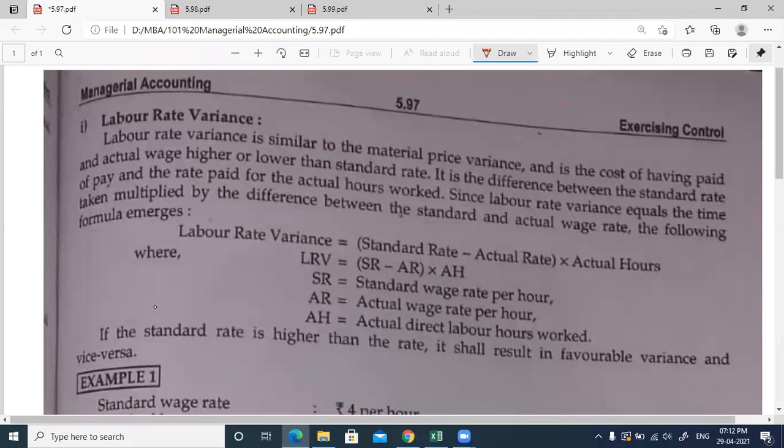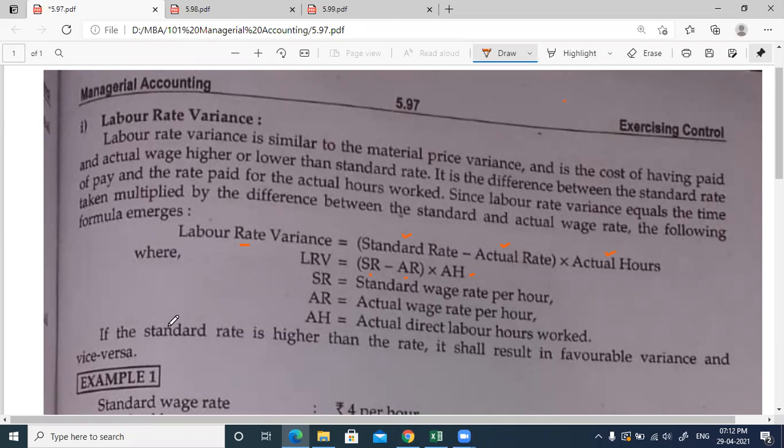So when we are talking about labor rate variance, we will always discuss the difference between the standard and the actuals. So the formula for labor rate variance is standard rate minus actual rate into the actual number of hours the worker has worked in that factory for a particular period of time.